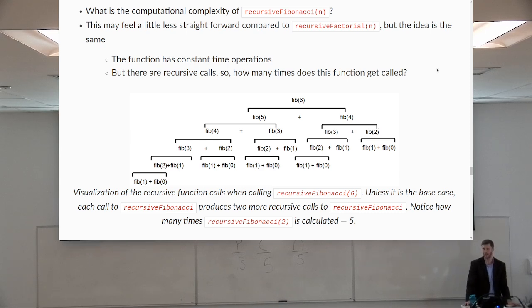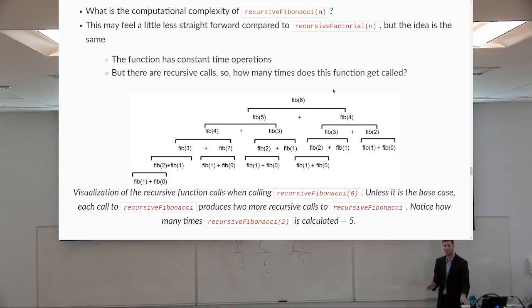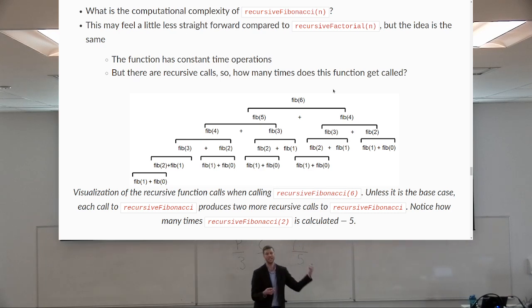I'm calculating each individual Fibonacci number multiple times. Every time I calculate fib n, I need to calculate fib n minus 1 and n minus 2. And then fib n minus 1 needs to calculate fib n minus 1 minus 1, which is always going to be the same thing over here.